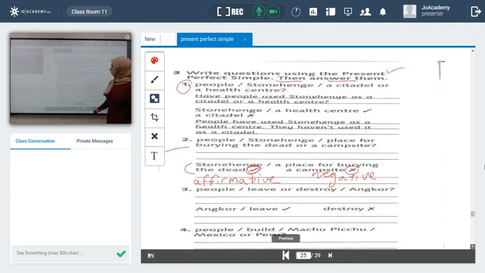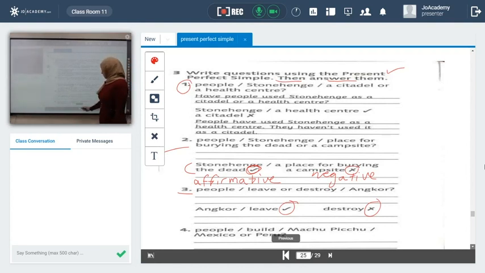Let's go back again to the exercise and have a look at number 3. People leave or destroy Anchor. Leave is the affirmative sentence. Destroy is the negative sentence, the word that indicates negation.